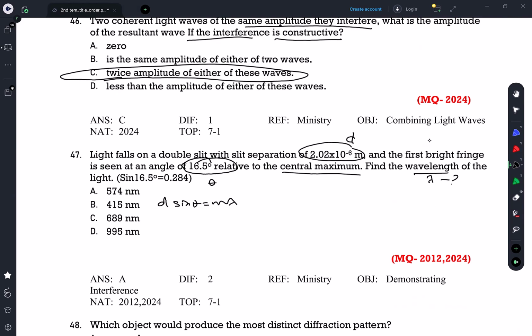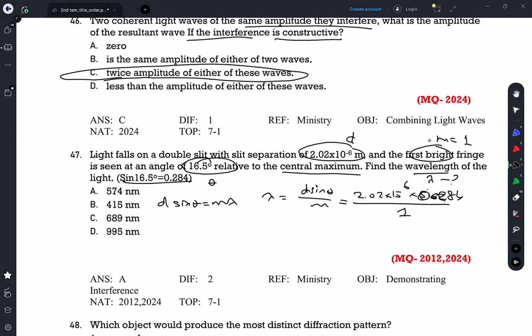M is 1 for the first bright fringe, and then lambda is equal to D sine theta over m. D is 2.02 times 10 to the power negative 6, times sine of 16.5, which is 0.284, divided by m, which is 1.